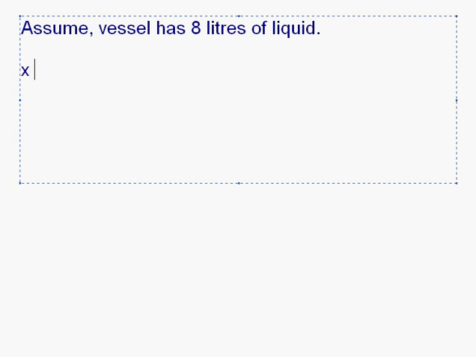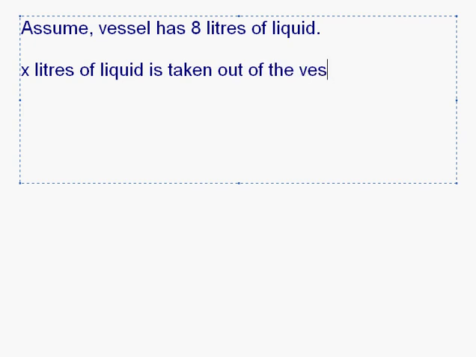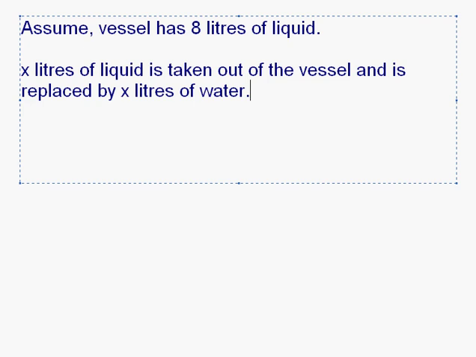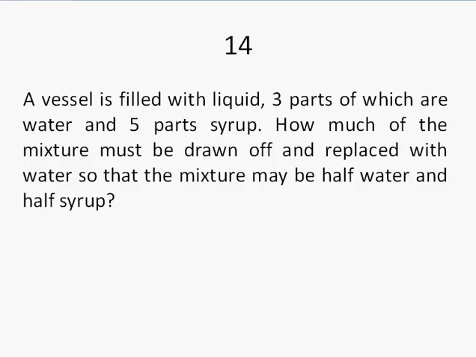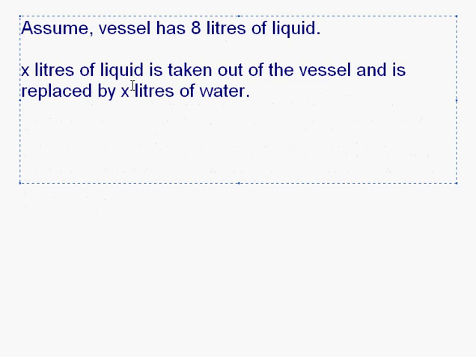We'll assume x liters of liquid is taken out of the vessel and is replaced by x liters of water, right? That's what's happening in the question. Now the vessel has the ratio of water to syrup as 3:5.